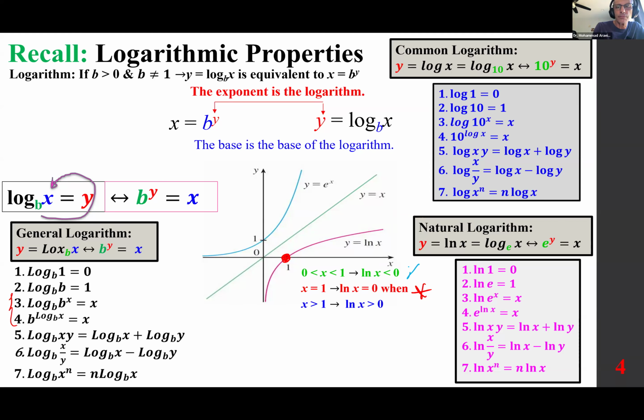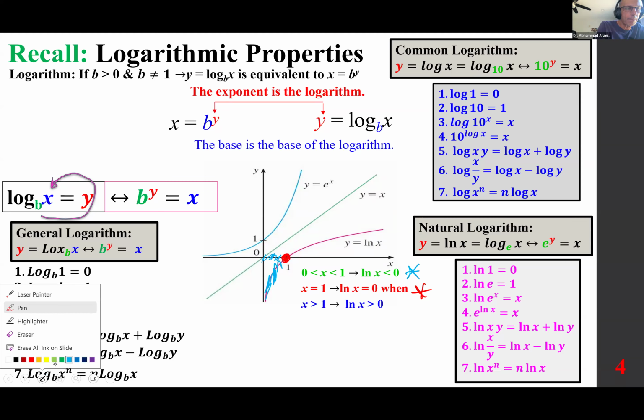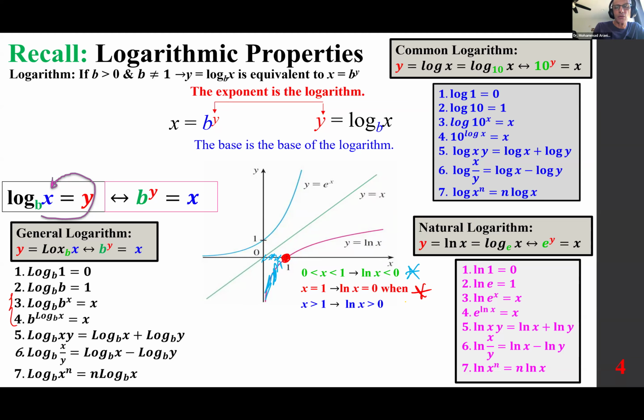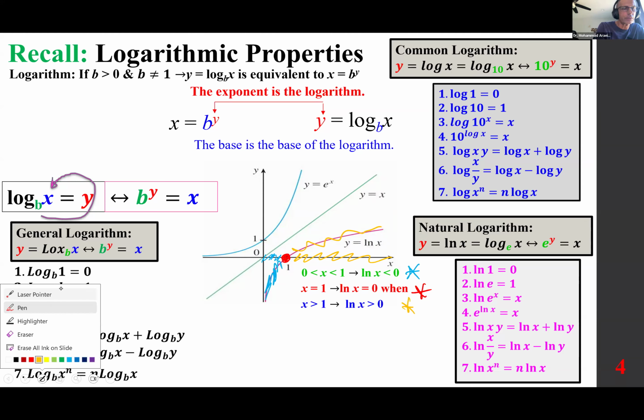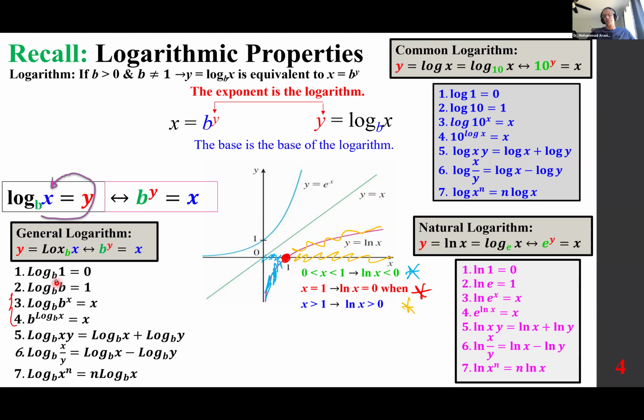That means if x is between 0 and 1, ln x must be negative. And over here, if x is larger than 1, then the function y or ln x is positive.